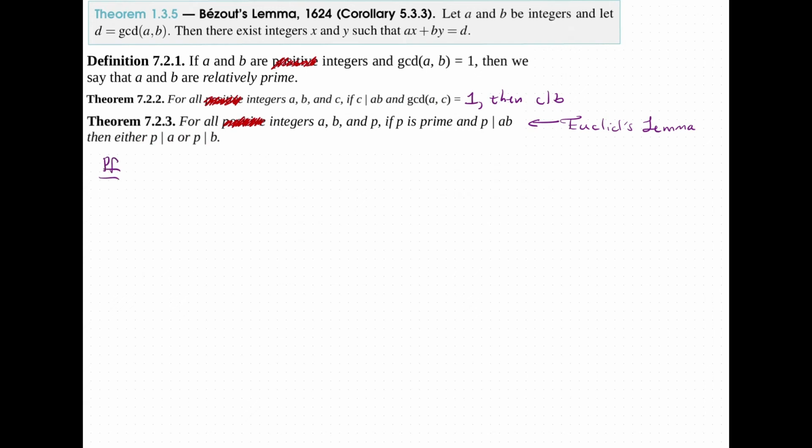So suppose that p divides a times b, and then if it is the case that p divides a or p divides b, then there's nothing to show, since that's what the conclusion is.